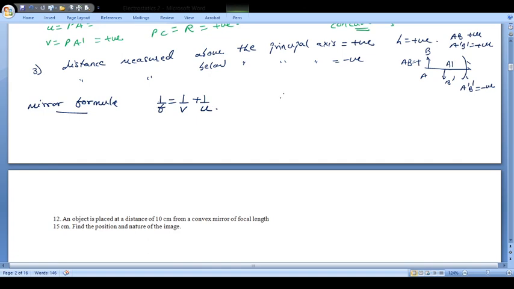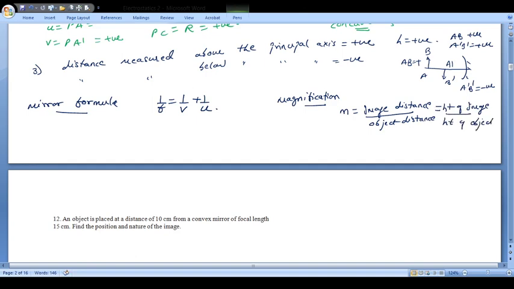Then you have a formula known as magnification. Magnification is denoted by the letter m. Magnification means the image distance upon object distance, and this can be equated as height of image upon height of object, and this is given with a negative sign, so this minus sign will always be there.